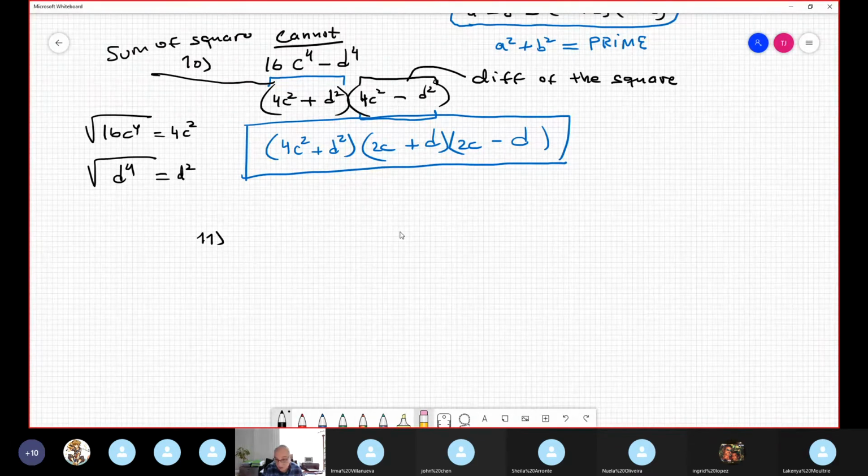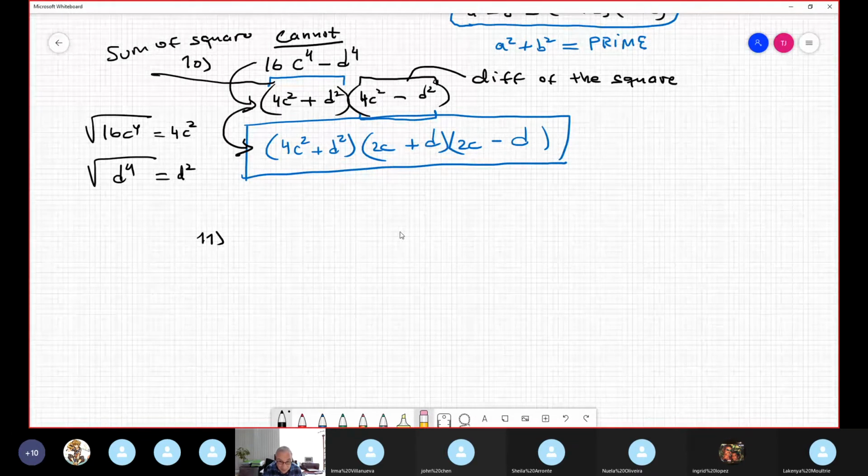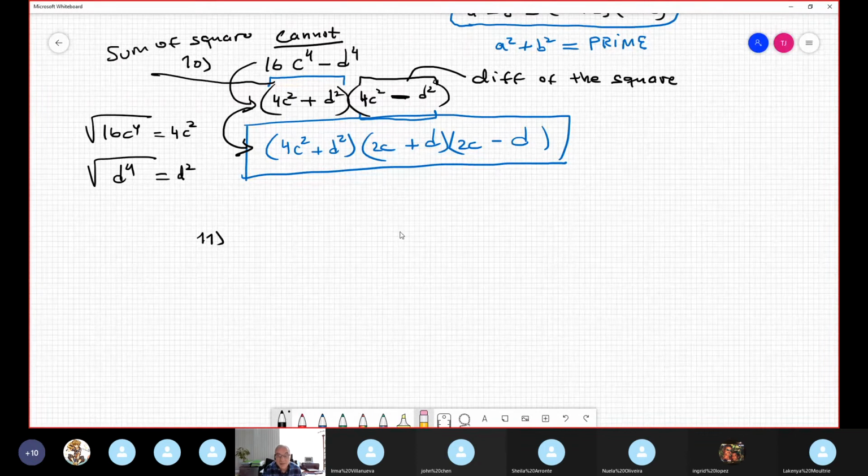However, the difference of squares, yes. Actually, I did it in the first step. From this to this, I apply the difference of squares. For this and this, I apply the same idea. I break the subtraction down into two pieces. Clear? Yes, absolutely.